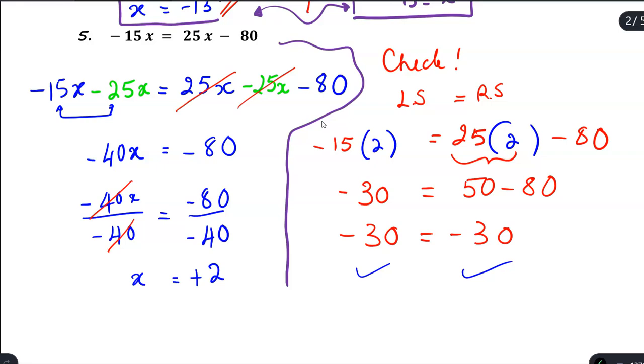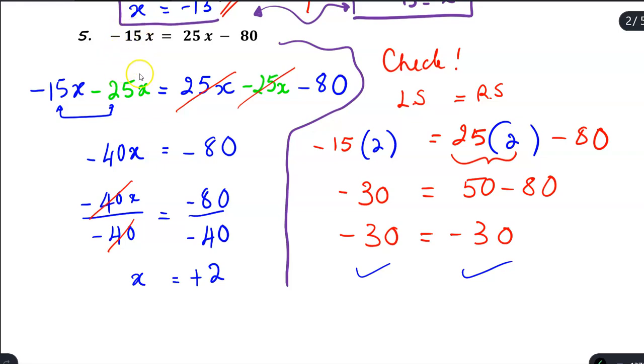So the basic concept of solving a linear equation where you have x as the unknown is to isolate x by bringing x to one side of the equation. We chose to leave x on the left-hand side. That means whatever term involves x, you bring it over to the left-hand side.